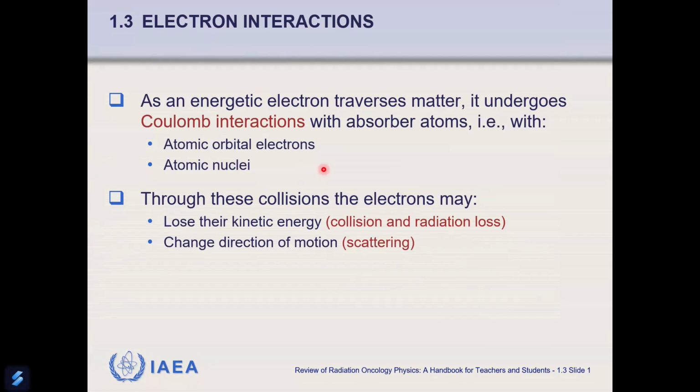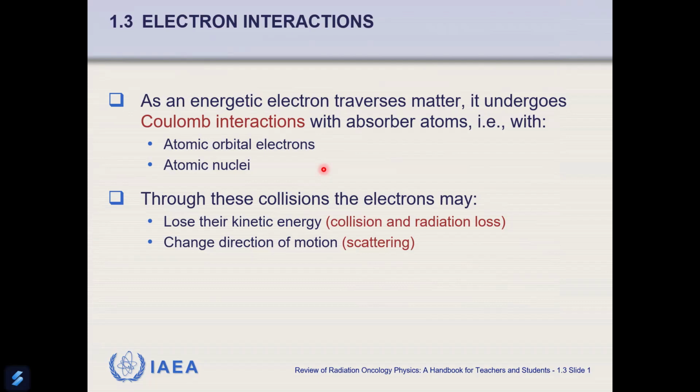All right. So consider now you have an energetic electron traveling through matter. Of course, it's going to undergo Coulombic interactions with the atoms of that absorber, or the atoms of the medium in which the electrons are traversing. So they can either interact with orbital electrons, or they can interact with the nucleus of the absorber atoms.